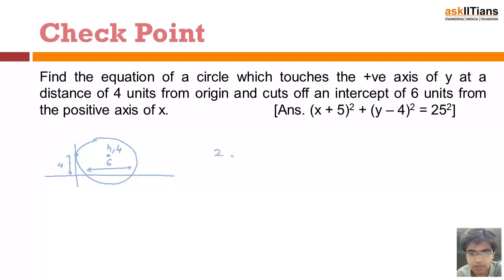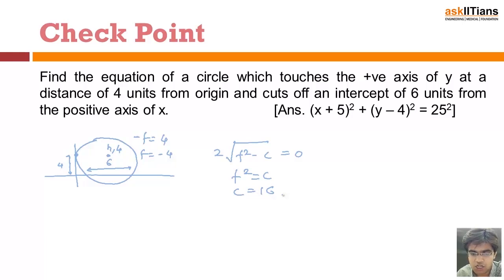So what I'm going to write is that 2 root of f square minus c is equal to 0. If you see carefully, then minus f is equal to 4. That means f is equal to minus 4. This information we have. So that means f square is equal to c, and c becomes 16.